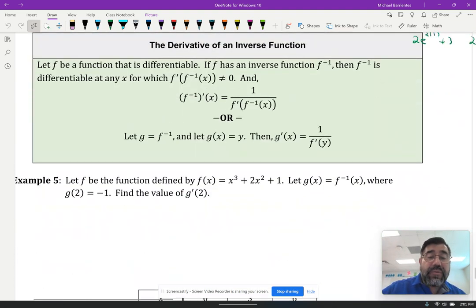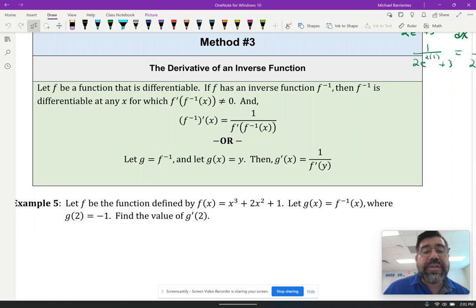But now we're saying there's a pattern that occurs. And the pattern that occurs is even if we don't know what the function is, but we know some information and we can't find the inverse function, or it's not an inverse function, it's an inverse relation, there's a pattern that emerges that we can use to find the derivative of the inverse. So I need to have a function that's differentiable, right?